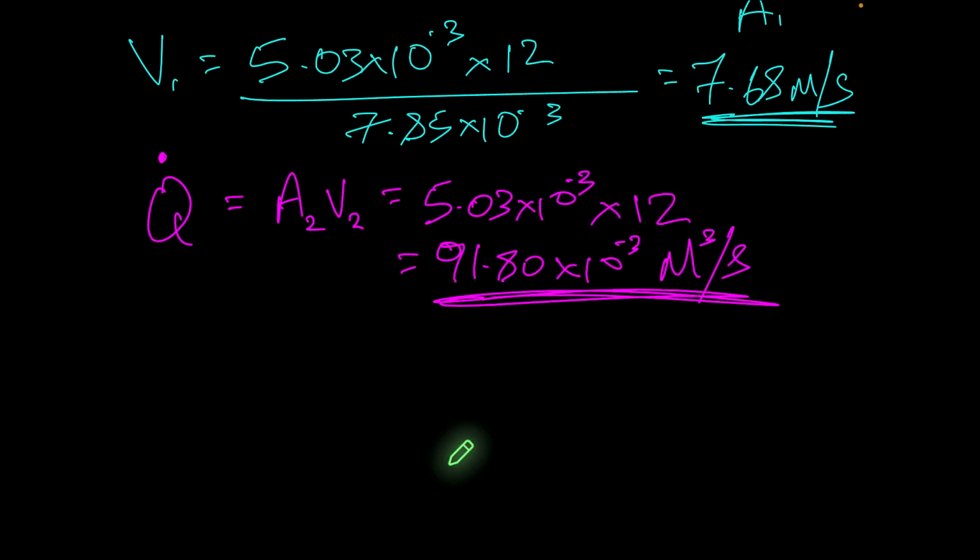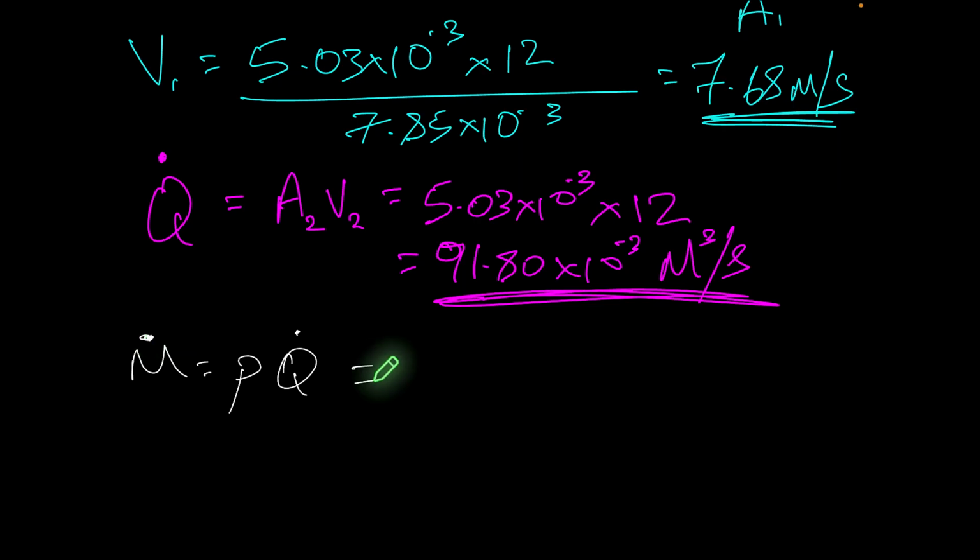So the final piece of the puzzle is to work out our mass flow rate. So for the mass flow rate, what we have here is m with a dot above it equals our density times volumetric flow rate.